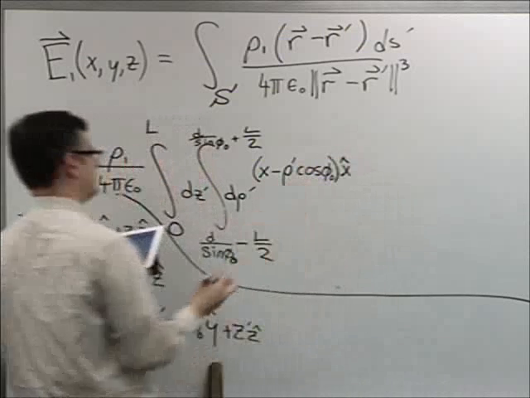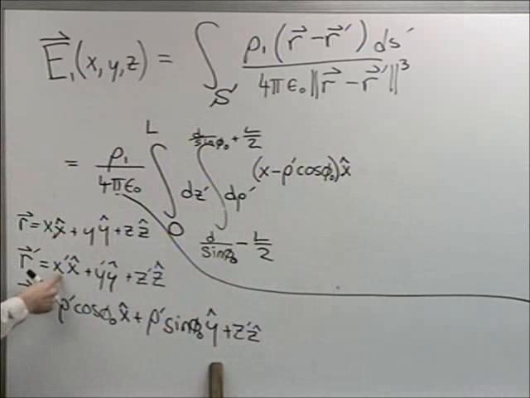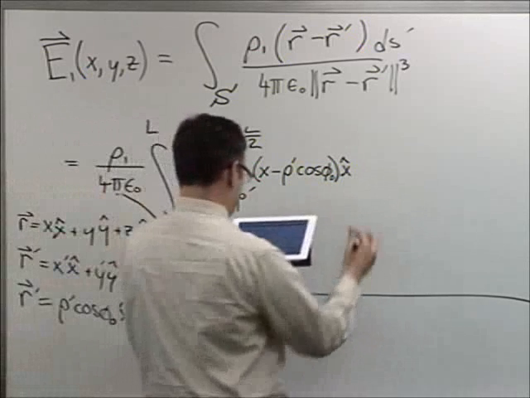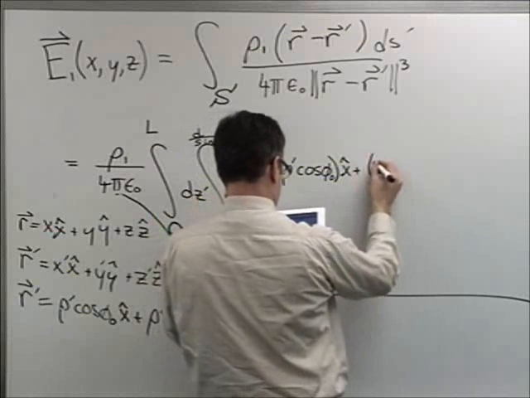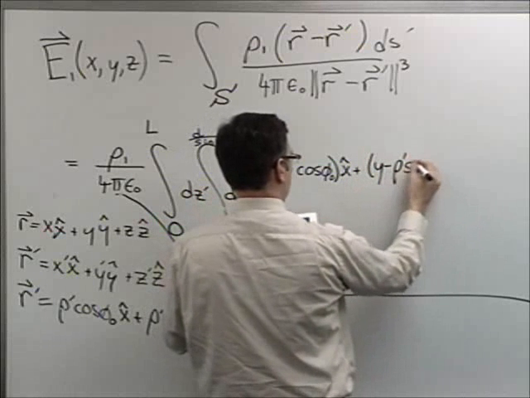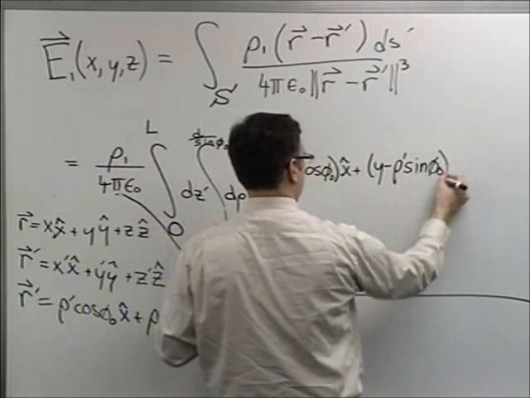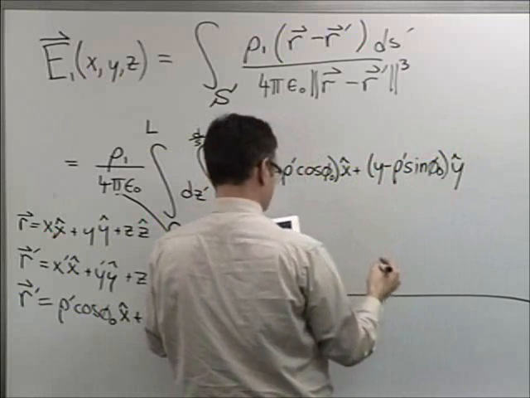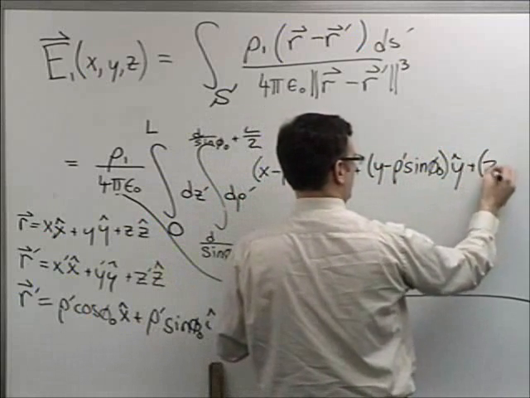Stick it on the x. That's just subtracting these two vectors, r minus r prime. And I got to do that for the y component. And I got to do that for my z components.